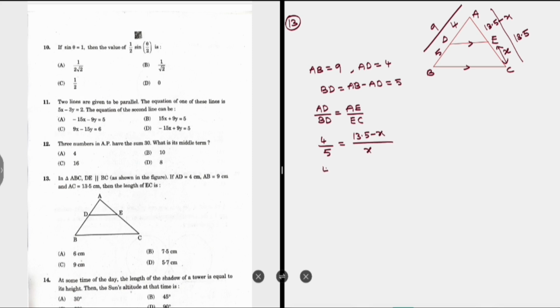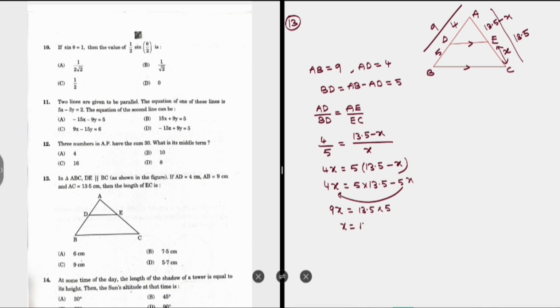By cross multiplication we get 4X is equal to 5 into 13.5 minus X. That is, 4X is equal to 5 into 13.5 minus 5X. Transpose minus 5X here. 4X plus 5X is 9X. 9X is equal to 13.5 into 5.